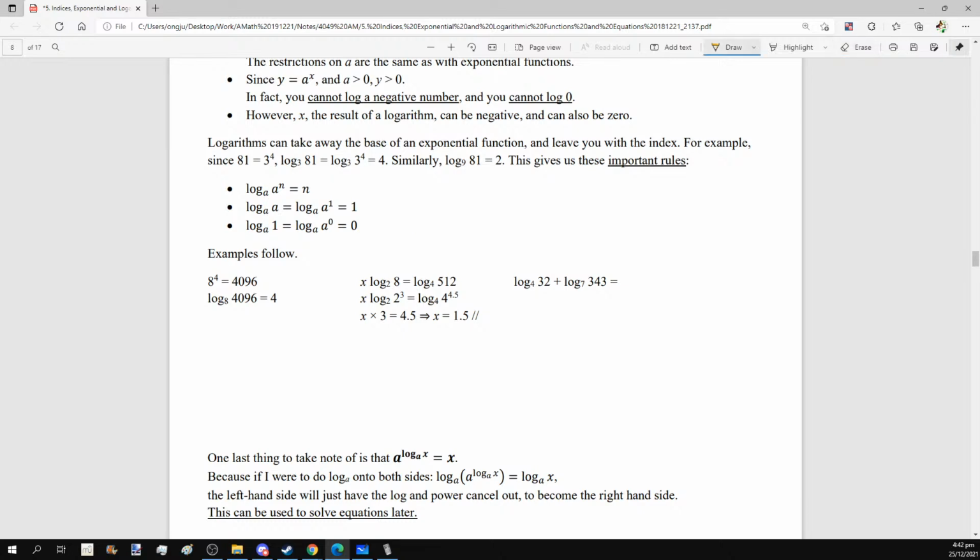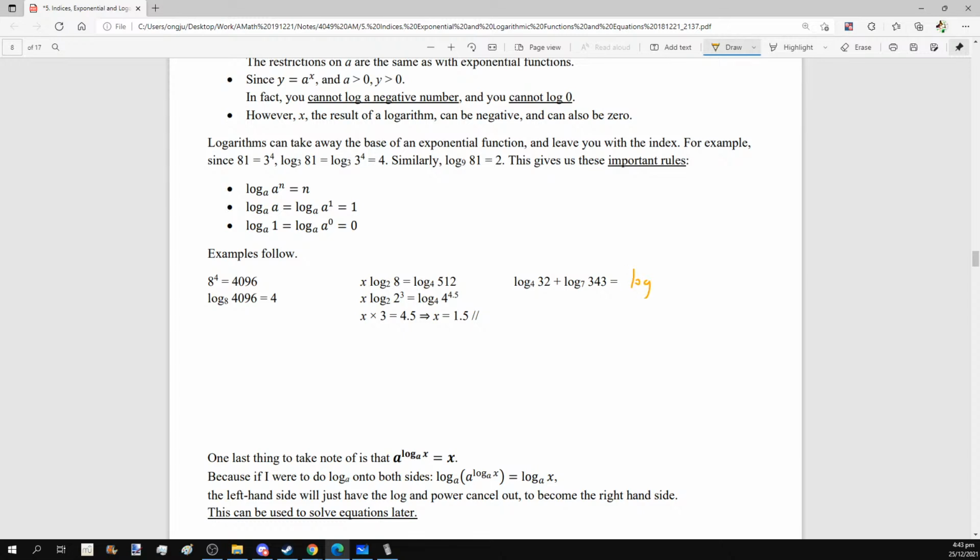And over here, a few examples of working out the values of these given logarithms are given to us for us to take a look at. Honestly, quite straightforward. I don't have a lot to say. Let's just take a look at the last one as an exercise.